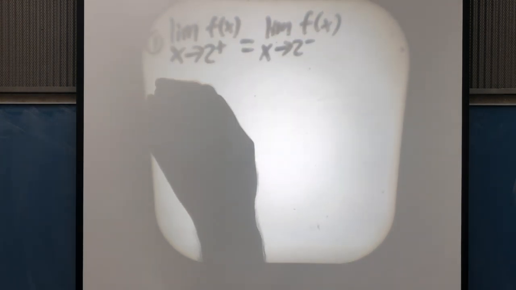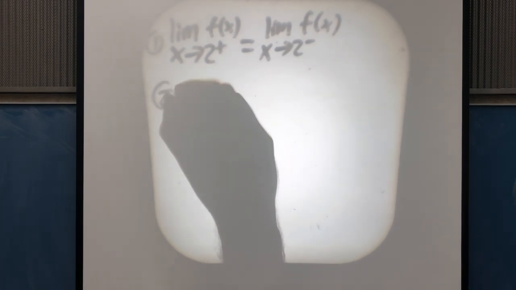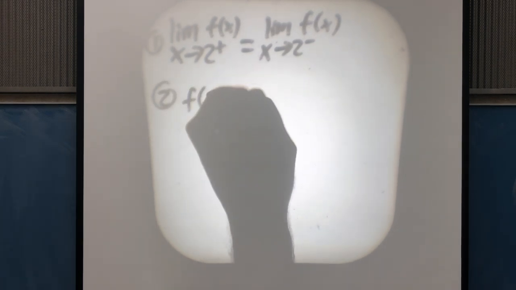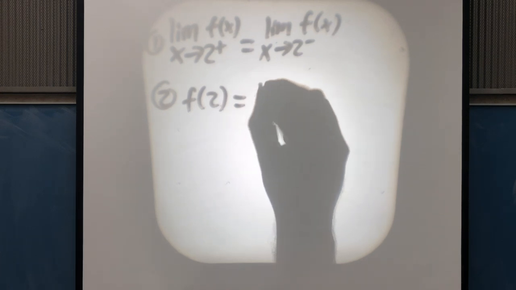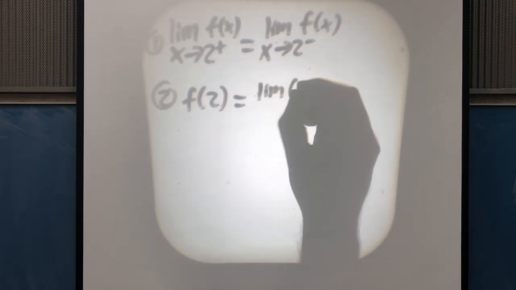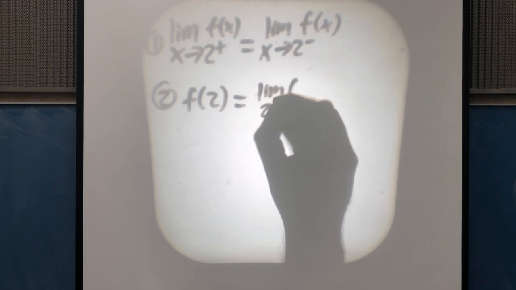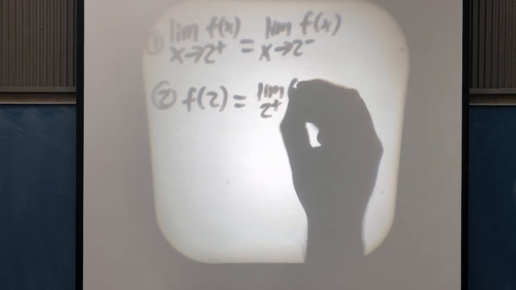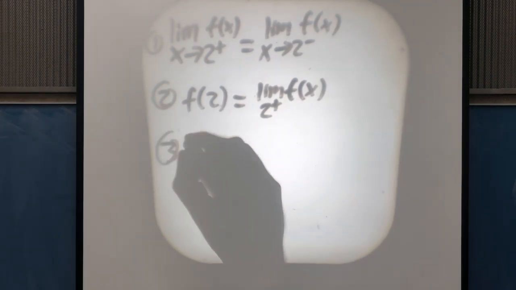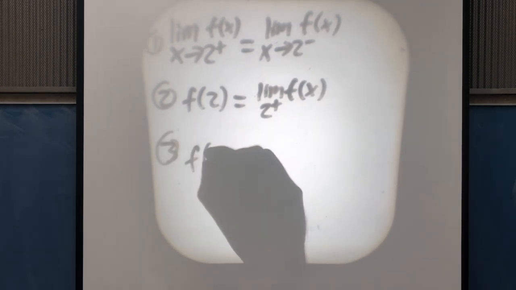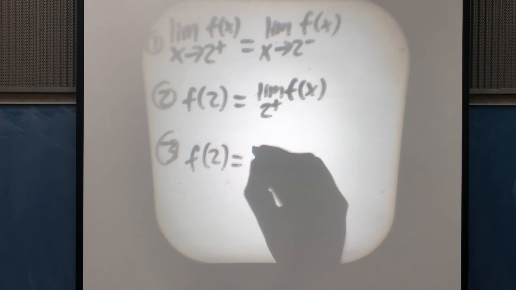Two, f of 2 equals the right hand limit. And three, f of 2 equals the left hand limit.